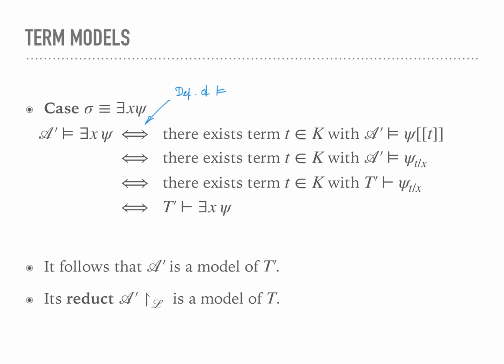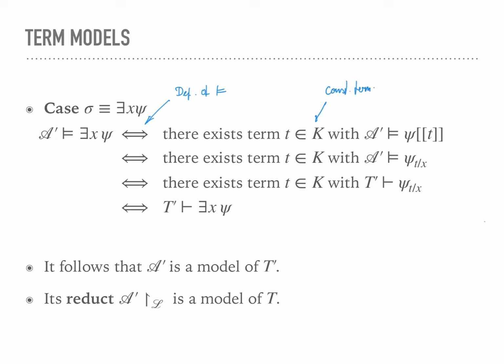Of course, here we are in a special case where our universe is made up of those equivalence classes of constant terms. So here, remember, those were the constant terms.